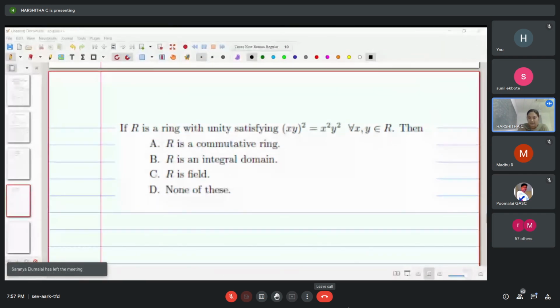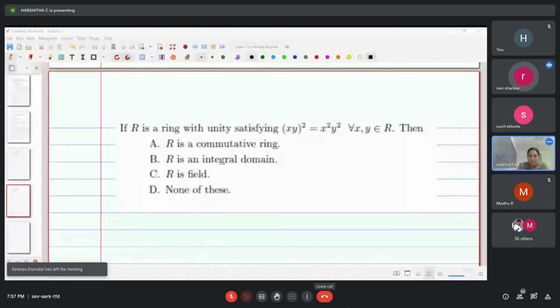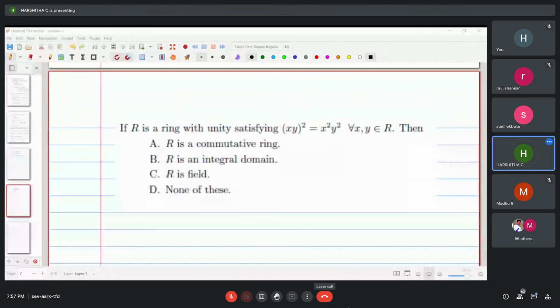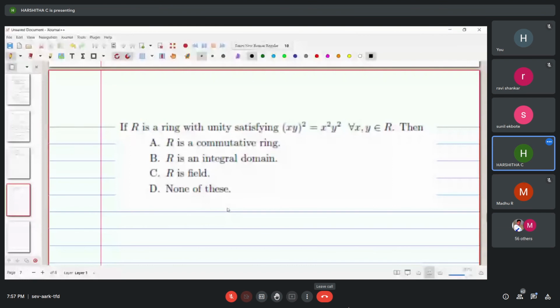Anybody wants to give it a try? Ma'am, it is a commutative ring. Why do you say so? Through multiplying with inverses, I think we can get it as commutative. But we only know that R is a ring.